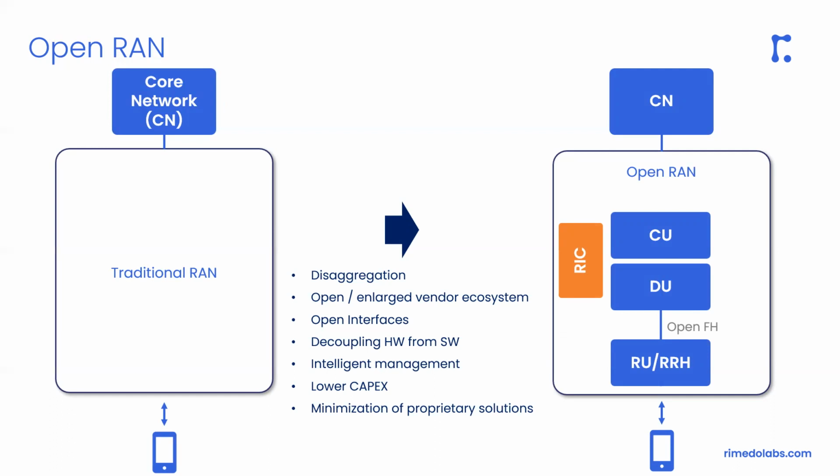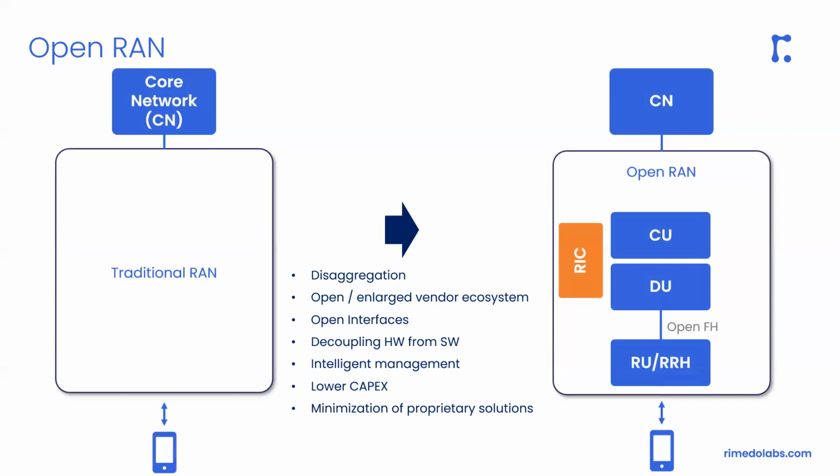Now, the important part here is that we have the disaggregation of the base station entities, and that we have the open interfaces between those. So in principle, all of those different entities could be provided by a different vendor. And that we have the decoupling of hardware from software. So all of those except the radio unit is virtualized.